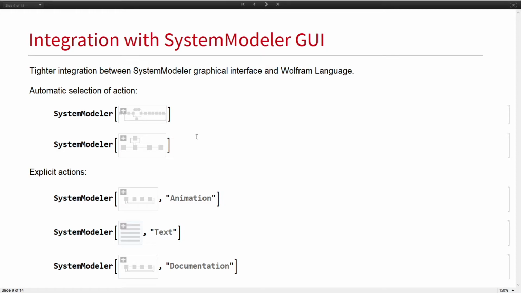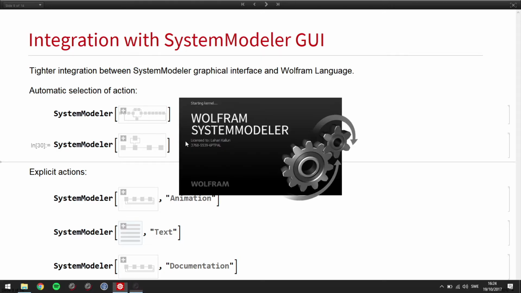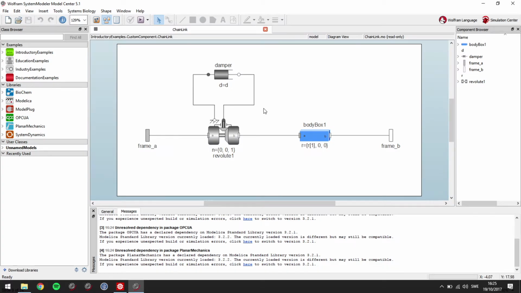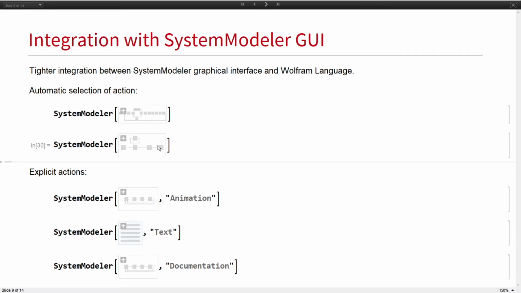For example, if we call SystemModeler on one of these objects that we could have created in the Wolfram language, we will get it here, we can modify it, and then we can send this model to a colleague who doesn't have SystemModeler. We'll send him back this object that we have modified, and they could connect him up. They could try different analysis on these system models without having a copy of SystemModeler.